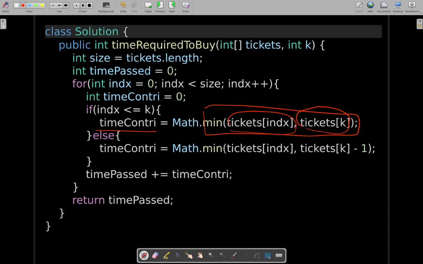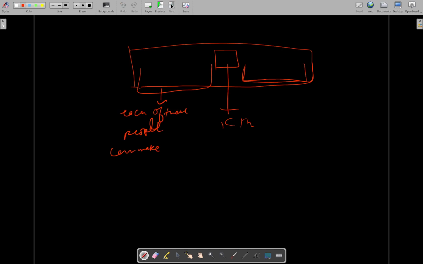And there is another scenario in which we are considering the persons which are standing behind the kth person. Now there is a little twist here, that when these persons will be at the counter, the kth person will already have bought at least one ticket.